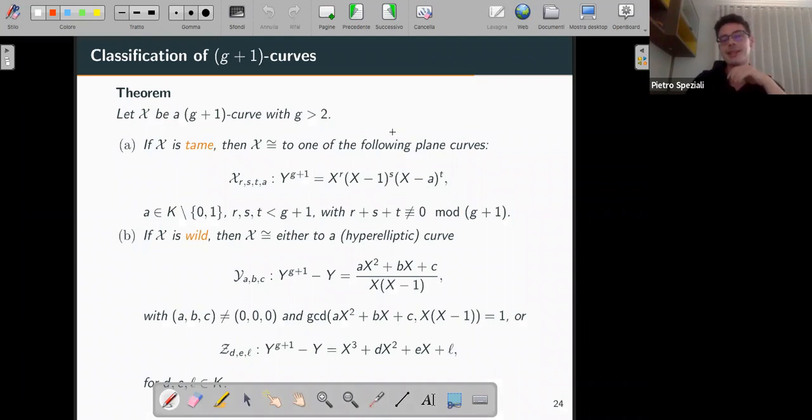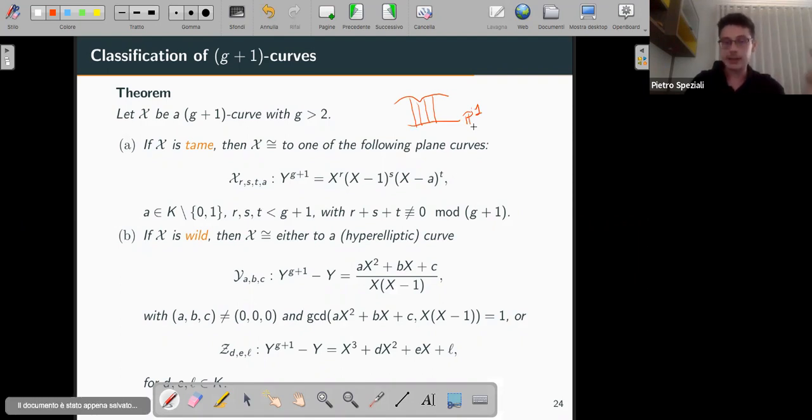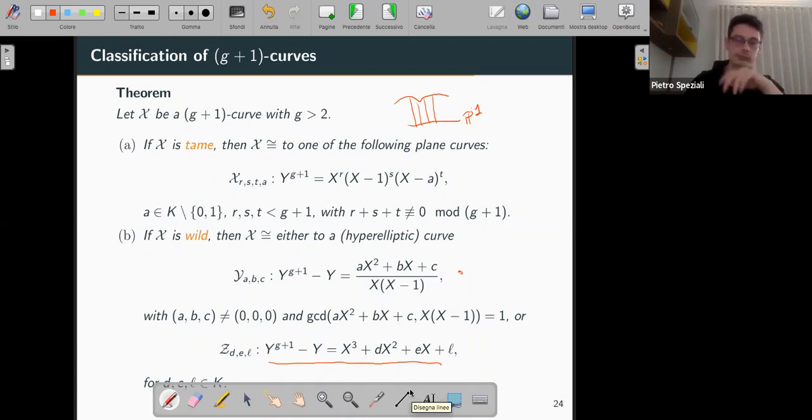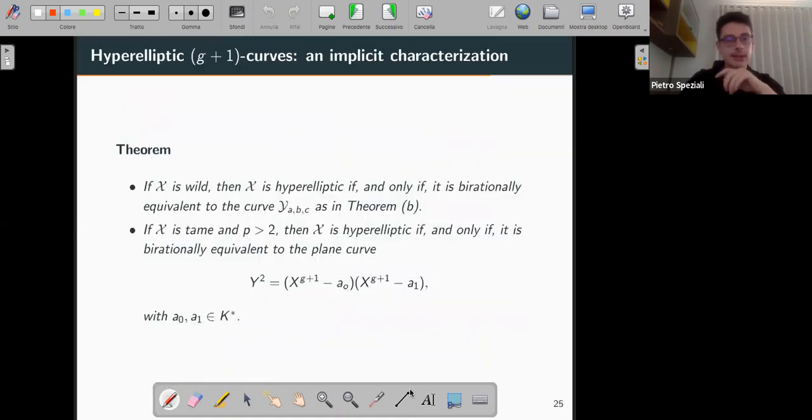What we are saying here is that an automorphism group of prime order G plus 1 fixes 4 points, and the quotient curve, again, is rational. But when the characteristic is G plus 1, you may have hyperelliptic curves or this kind of trigonal curves. So the classification was just function field theory. This part was, say, easy.